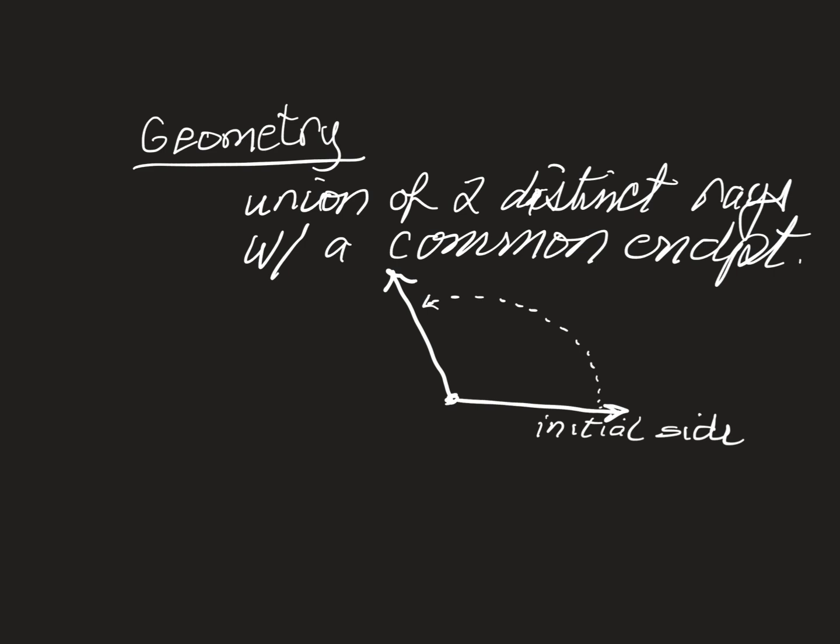And as we rotate that ray, wherever we pause, that ray then becomes the terminal side. Now, this is essentially the same definition as geometry, although we're adding a little motion to it.